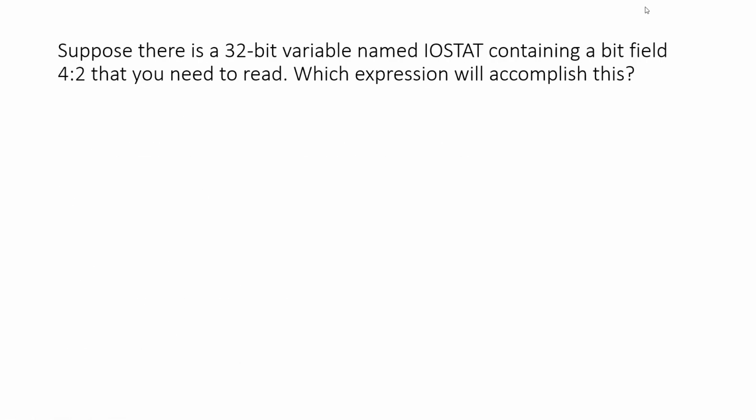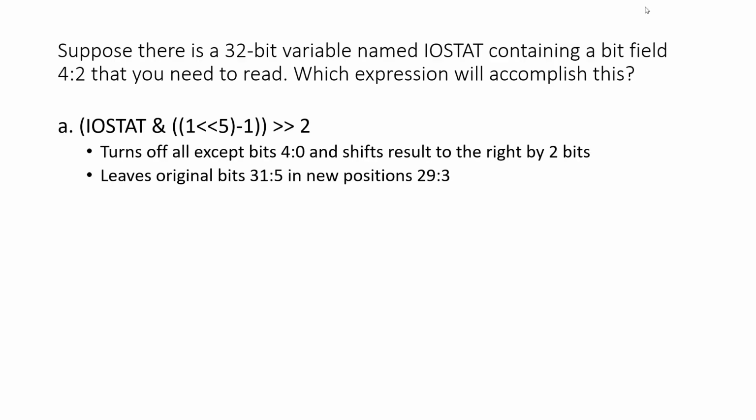Okay, suppose there is a 32-bit variable named iostat containing the bit field 4 down to 2 that you need to read. What expression will accomplish this? This one will give us 5 1 bits, 1 shifted by 5 to the left, subtract 1. And so this will mask off the lower 5 bits.